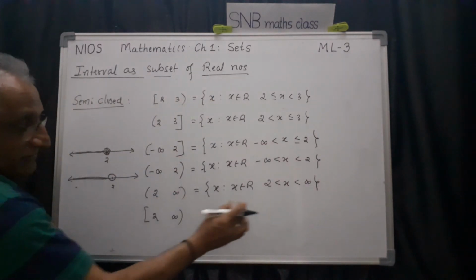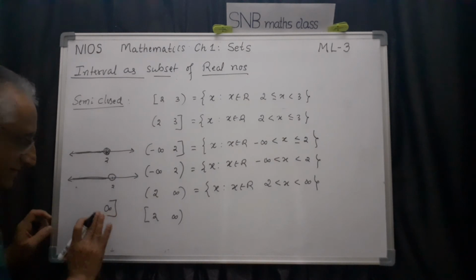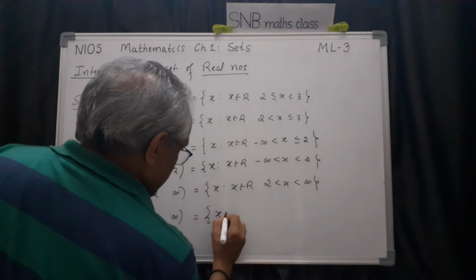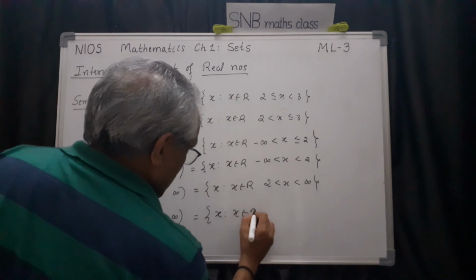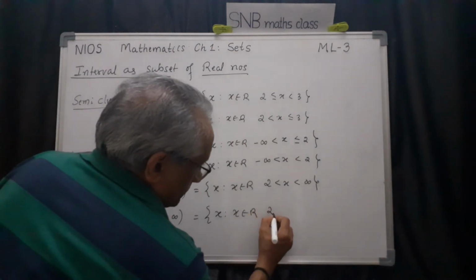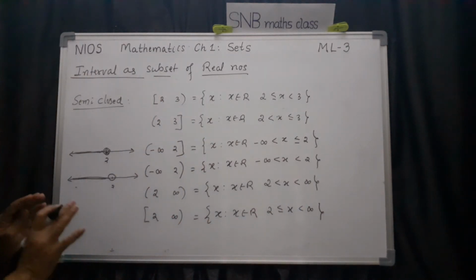And whenever you write infinity, it is always open. If you write infinity with a closed bracket, it is meaningless. Here also you write x such that x belongs to R, then 2 is included, so 2 less than or equal to x less than infinity. So these are the 8 forms.